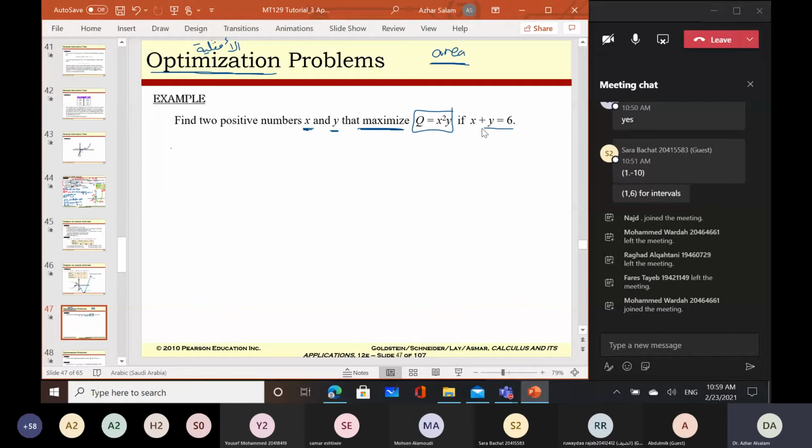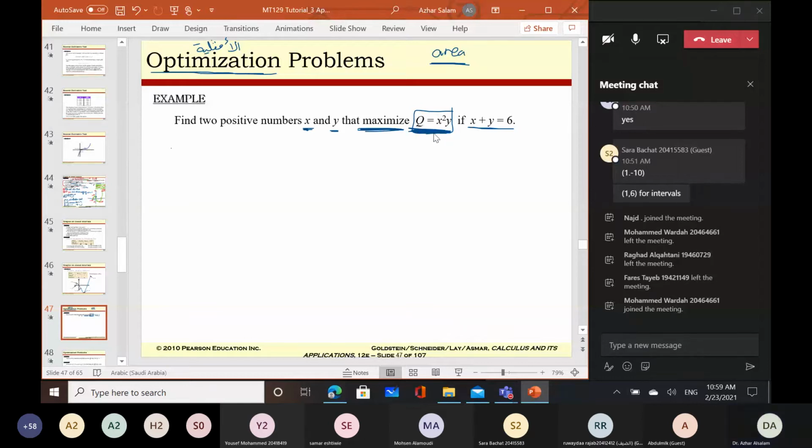If I have this relation between x and y, x plus y equals 6, the first important thing that I have to notice is which function I have to maximize or minimize according to the question. أكثر شيء أو أول شيء لازم أنتبه له الدالة المطلوب مني إني أوجد أعلى قيمة لها أو أقل قيمة لها. هنا في هذا المثال maximize أعلى قيمة للدالة، فالدالة اللي مطلوب مني أوجد الماكسيمم فاليو لها هي الدالة Q. أوكي، والبقية هي معطيات.